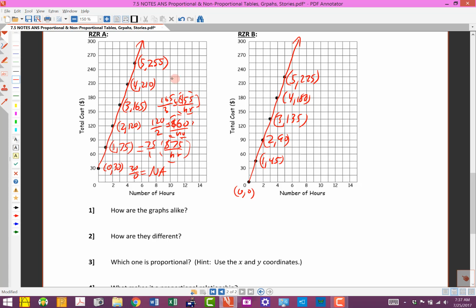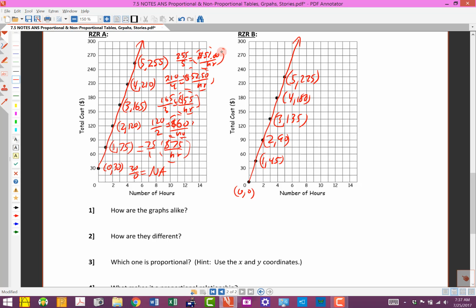And when I say you'll remember, I'm hoping that you're seeing some similarities here. This is going to be $50 per hour. And then this one right here, 255 over 5, is going to be $51 per hour.